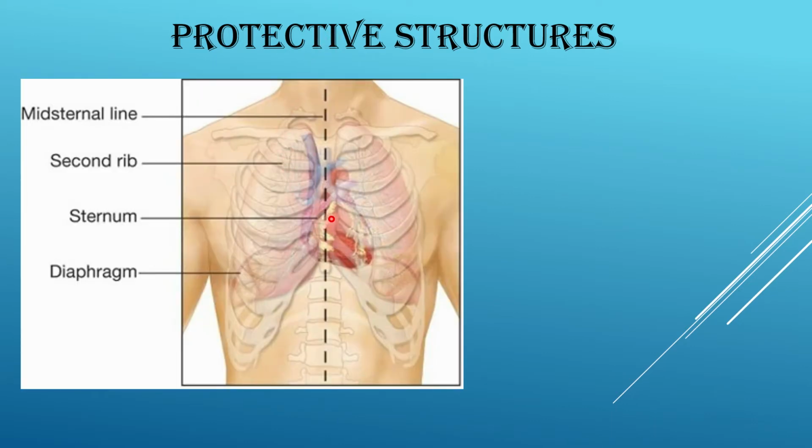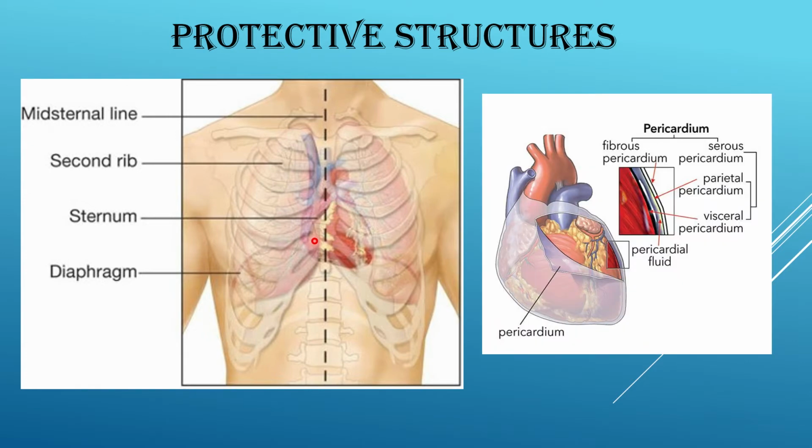As I showed you in the first frame, the ribs, the bony structure, protect the heart, and next the pericardium. Pericardium is a membranous covering that protects the heart, and as you can see it has two layers, outer parietal pericardium and inner visceral pericardium, enclosing a cavity in between, that is the pericardial cavity, which is filled with pericardial fluid.